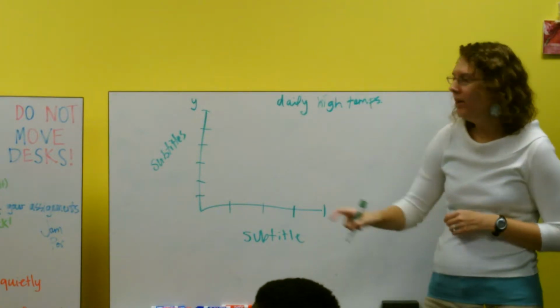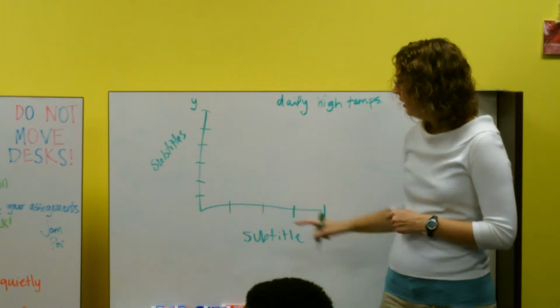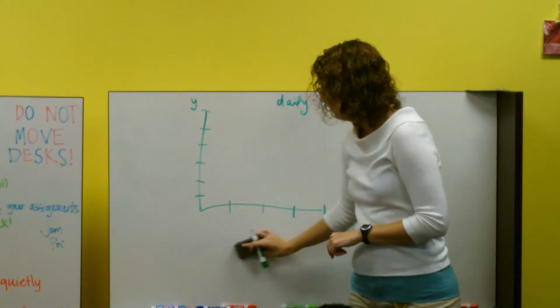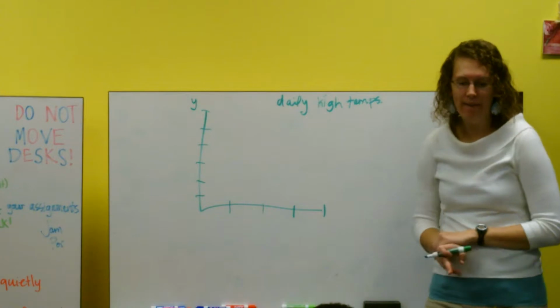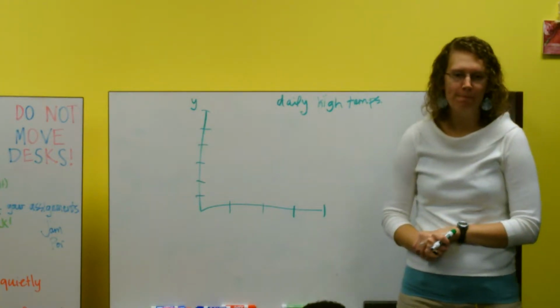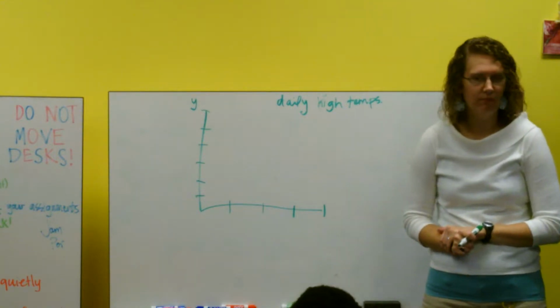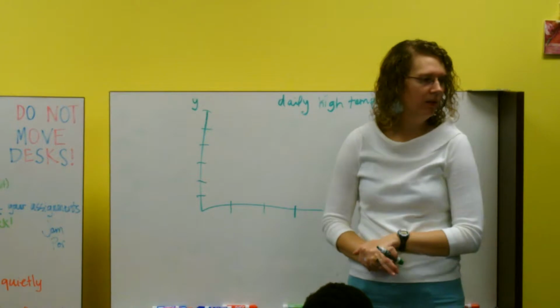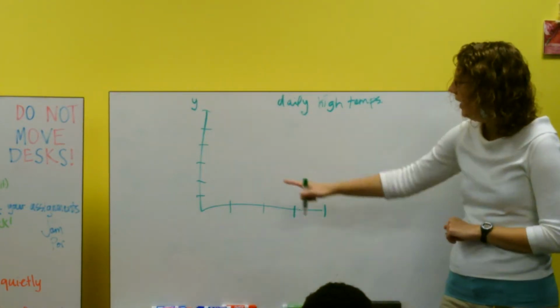Okay? What about on my two axes for my subtitles? What am I going to want? Somebody else besides Jamaica. What do I want for my subtitles on this graph? Make sure we're following the rules. Destiny? Okay, do you want that up the Y or down the X?